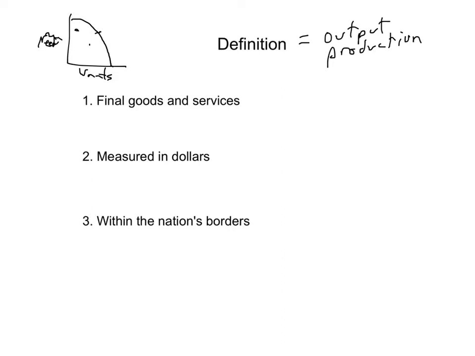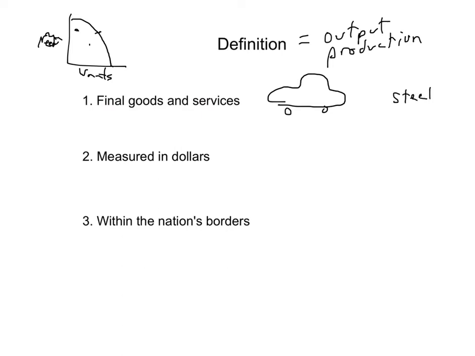First, gross domestic product only counts final goods and services. Let me explain what I mean. So, we make cars. Here's a car, right? Recognizably a car, good. And the production of that car involves the use of steel.